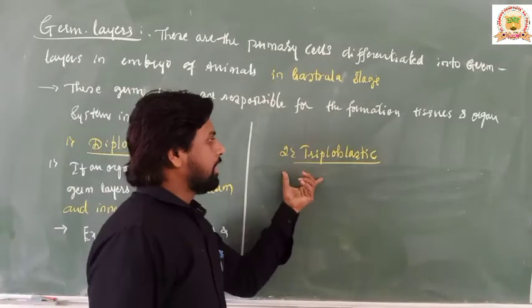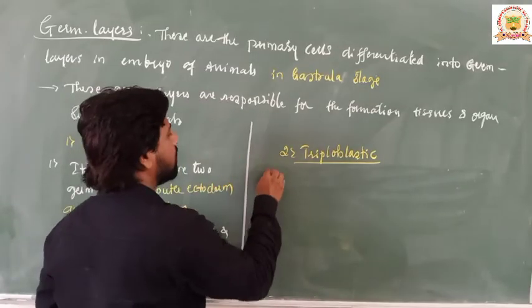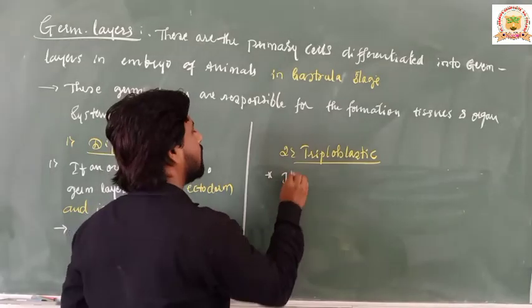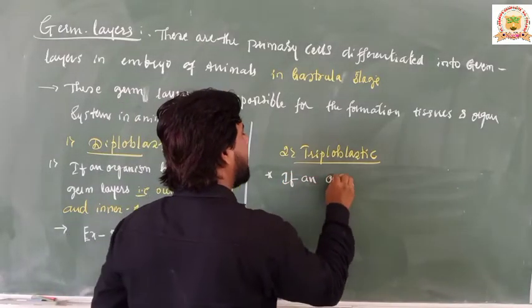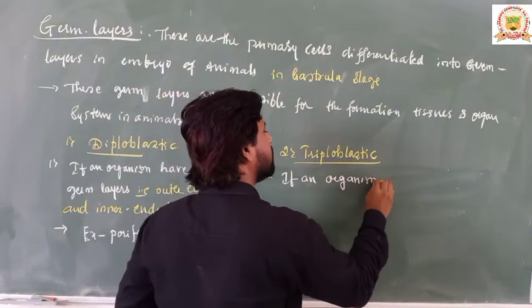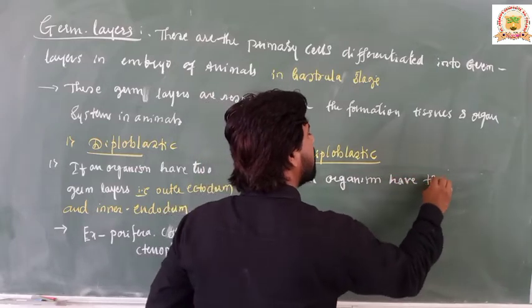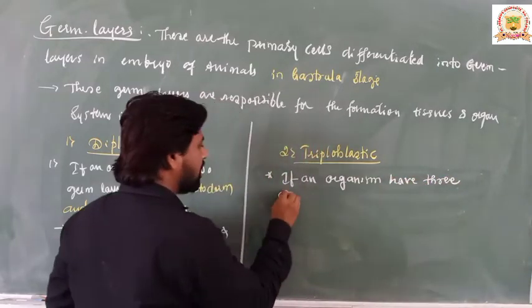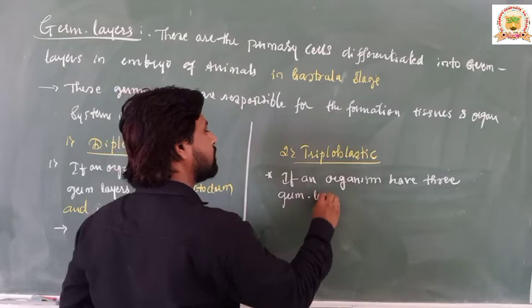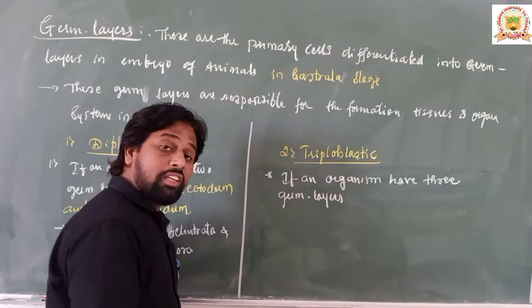So these are the animals which are considered as diploblastic. Students, triploblastic animals are those where an organism has three germ layers. What are the three germ layers here?